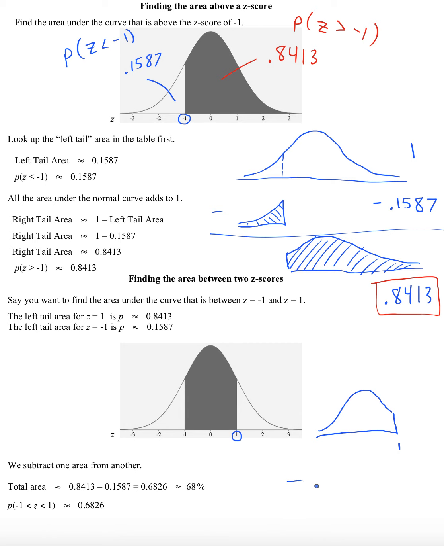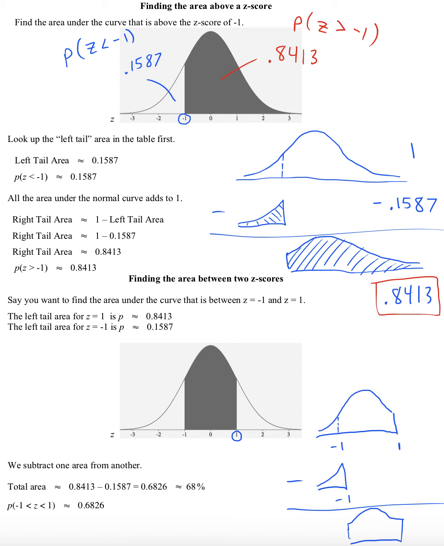Then we'll subtract the area to the left of the other z. When we're all done, we'll have the shape that we want, which is just the area in the middle.